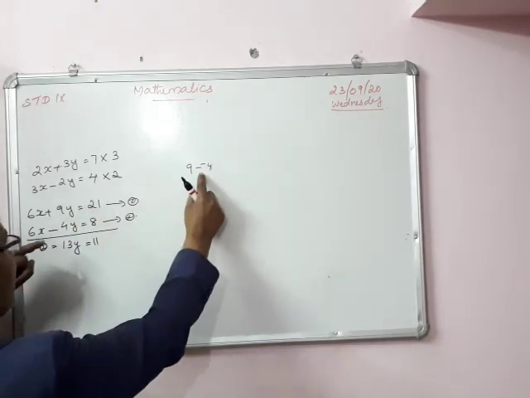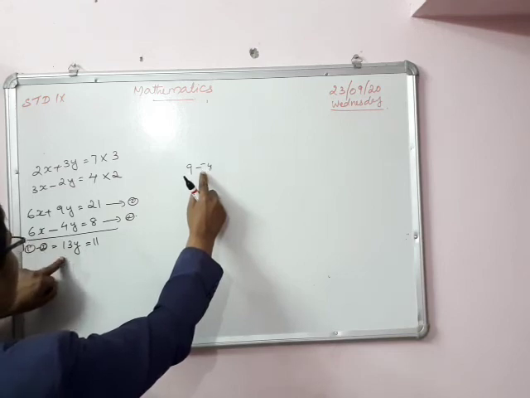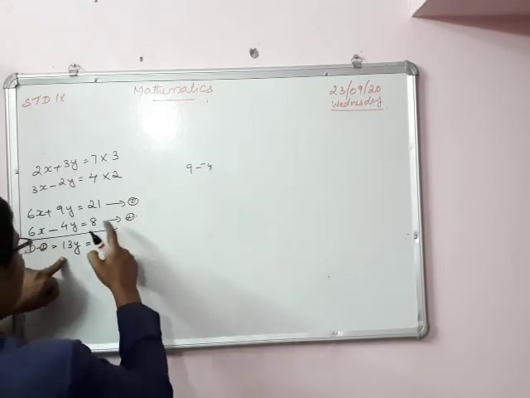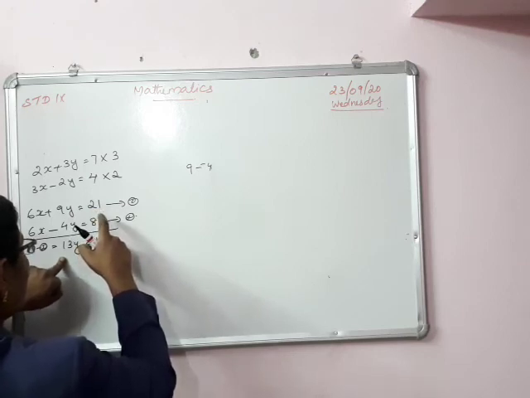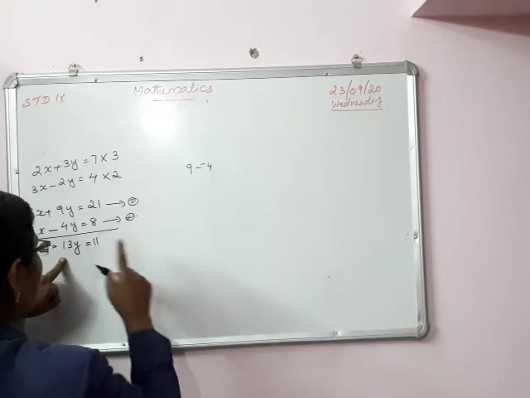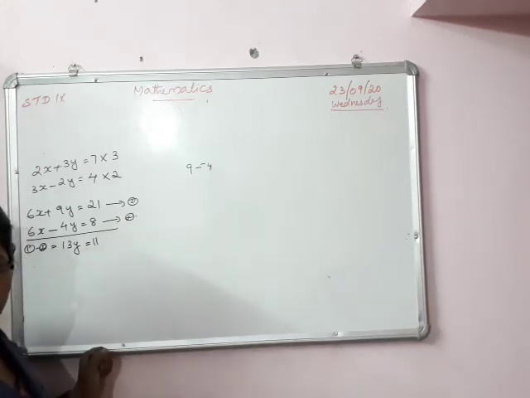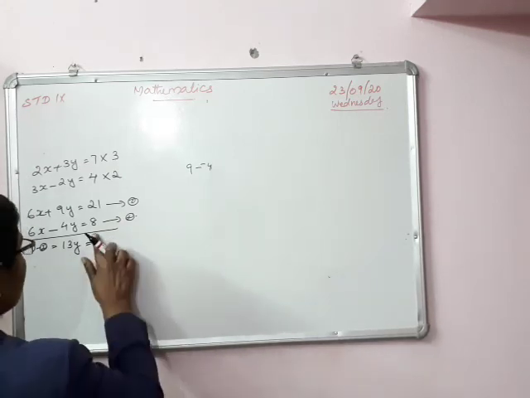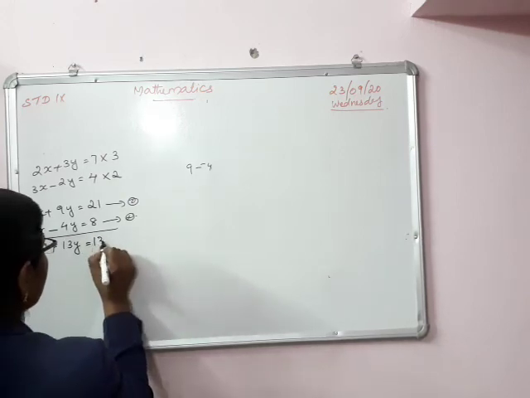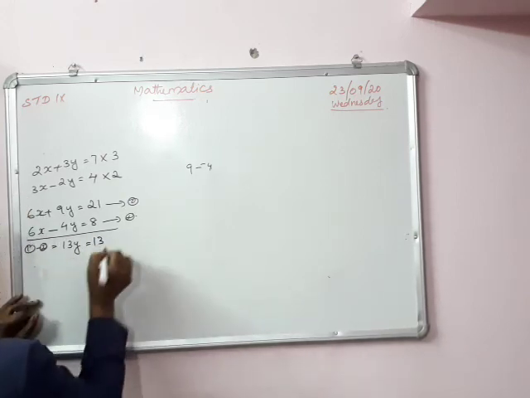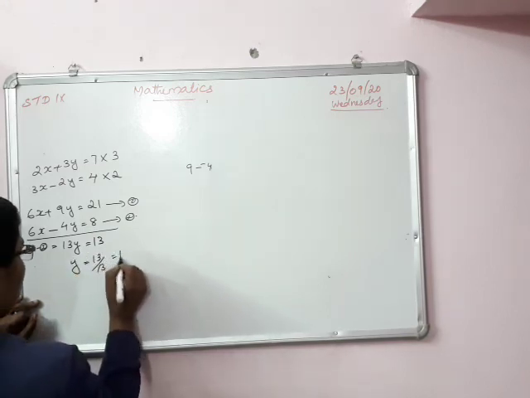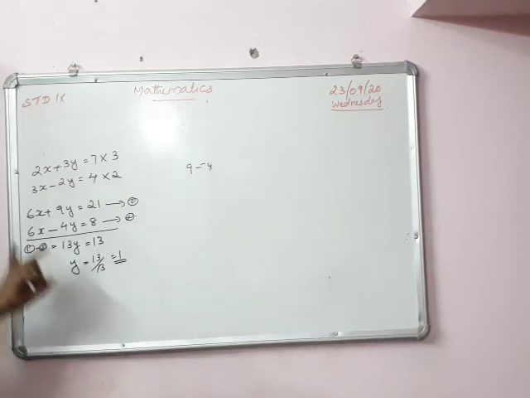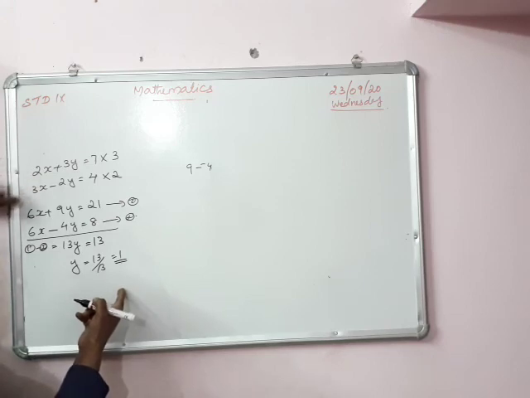So 9 minus 4 becomes 13y, and 21 minus 8 is 13. Okay, 13y is equal to 13. Therefore, y is equal to 13 divided by 13, which is 1. y is equal to 1. Therefore, substitute in any one of the equations to find x.